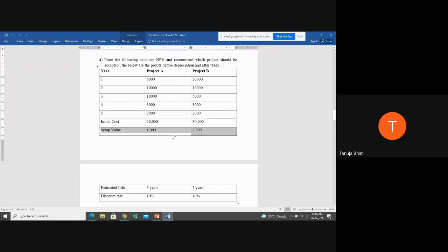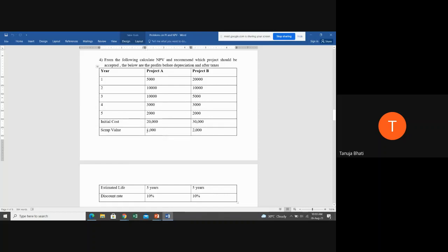Now what is scrap value? The value which you are getting at the end of the estimated life of a particular project. So at the end of the 5th year, whatever project you have invested in gives you a sale value, a scrap value of 1,000 rupees.